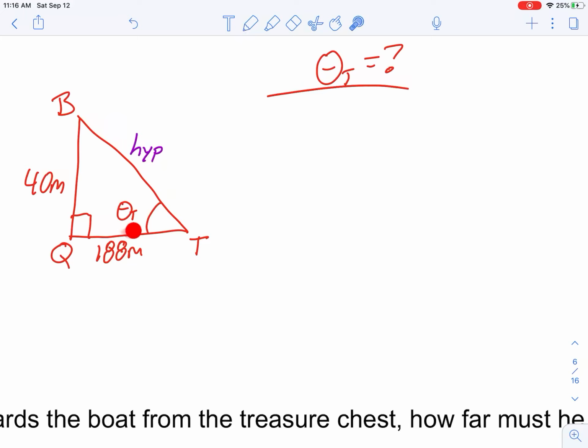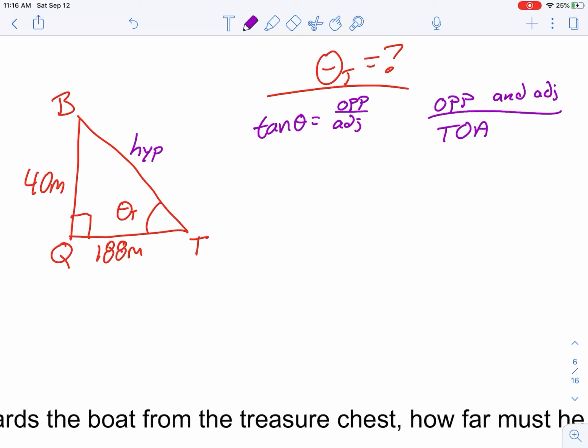And looking at the values that I know, I have angle T. Opposite to that is 40 meters, and this would have to be the adjacent side length. So I'm given opposite and adjacent. Now, what relates those two things with an angle? Well, that would be TOA. Tan angle equals opposite over adjacent.